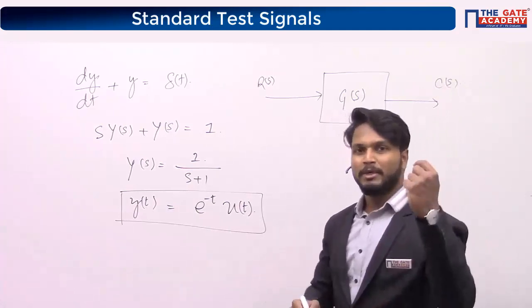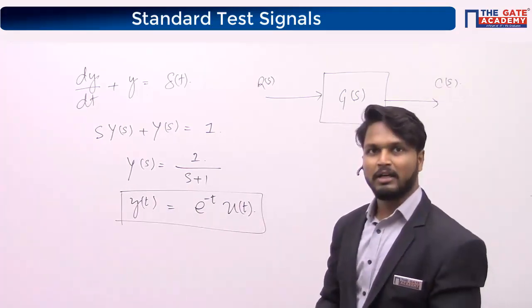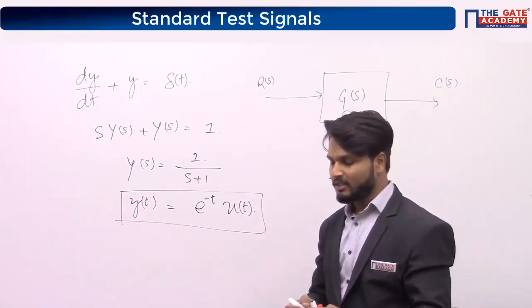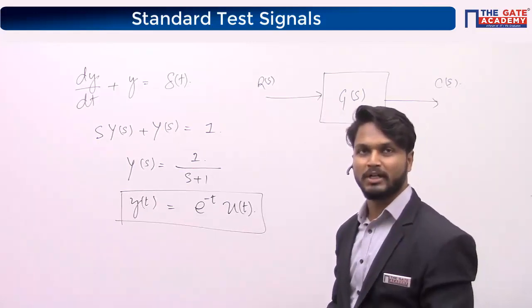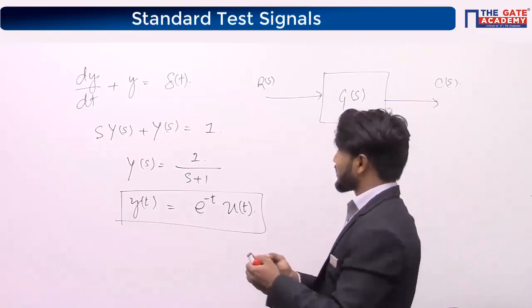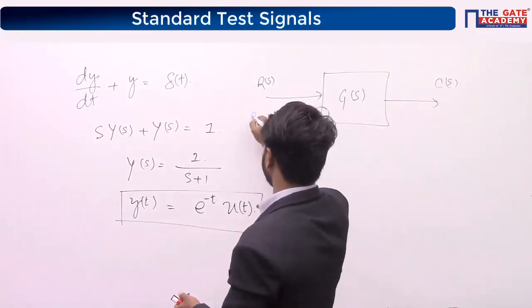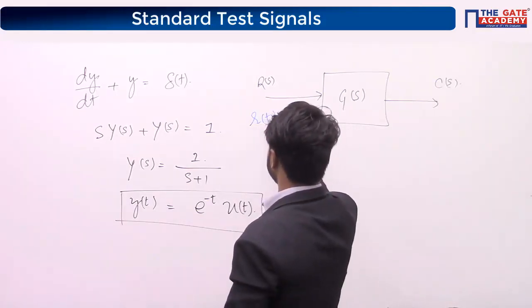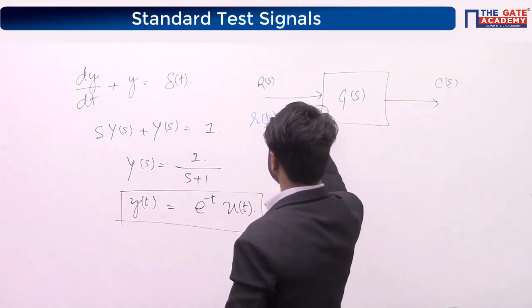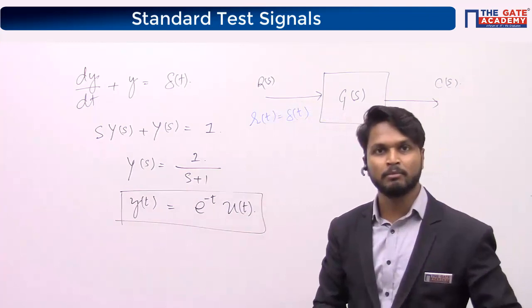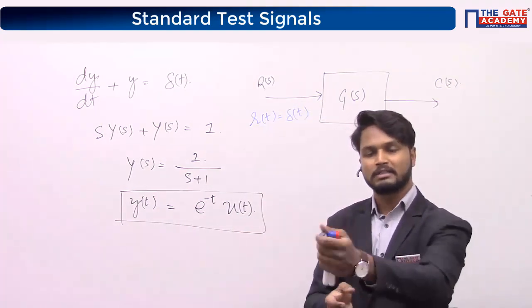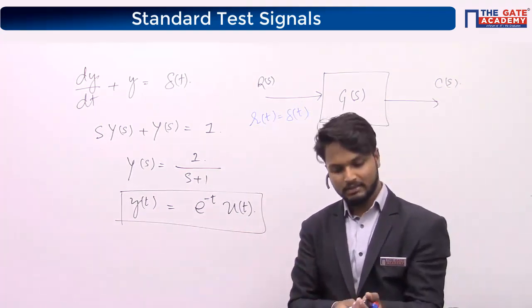So what happens if I feed a unit impulse input to the system? Let us say r of t is equal to del of t. If I feed a unit impulse input to the system, what will be R of s?